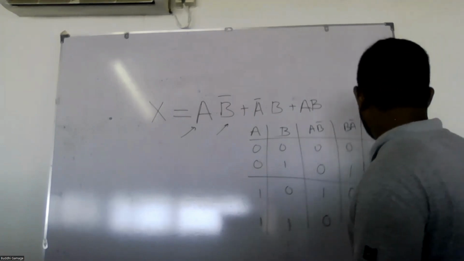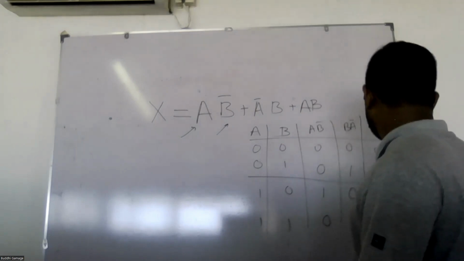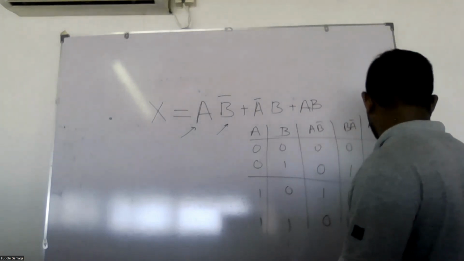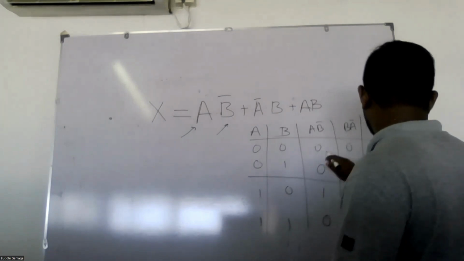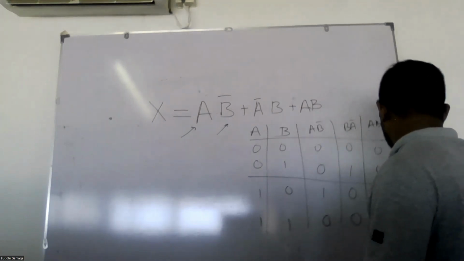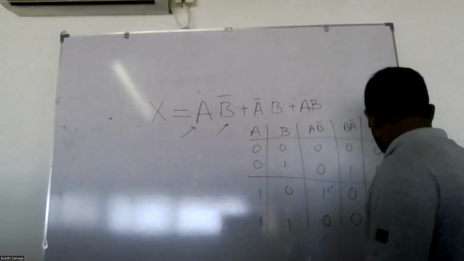Then X is the logical OR. So if either one is true, then we can say it is true. So here all are zeros, so 0. Here there is a 1, so it is 1. Here it has 1, so 1.